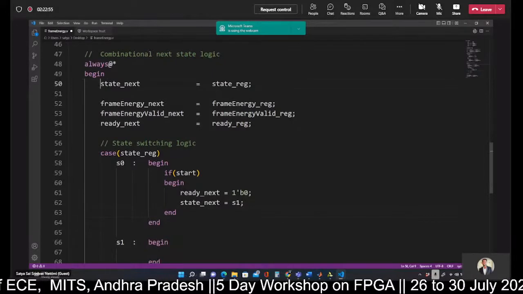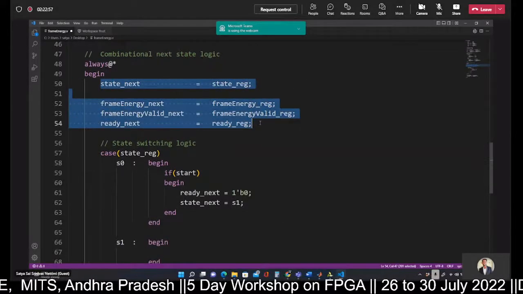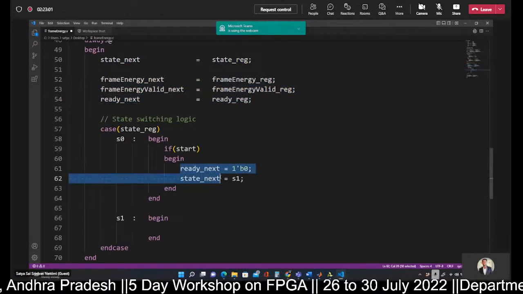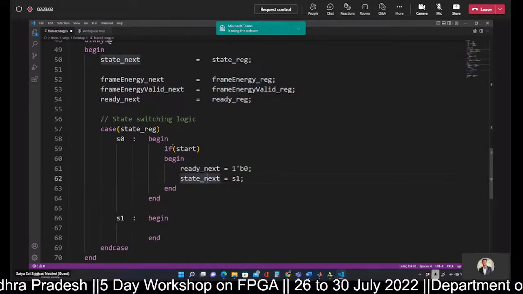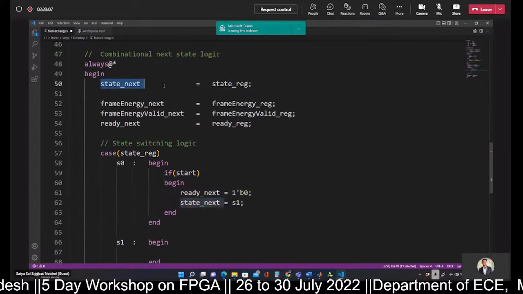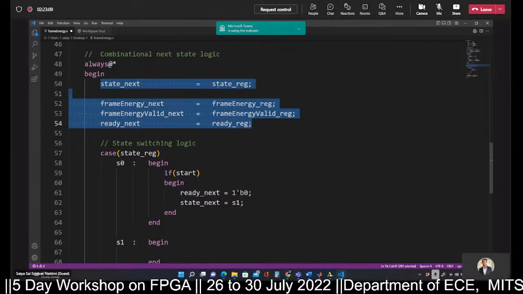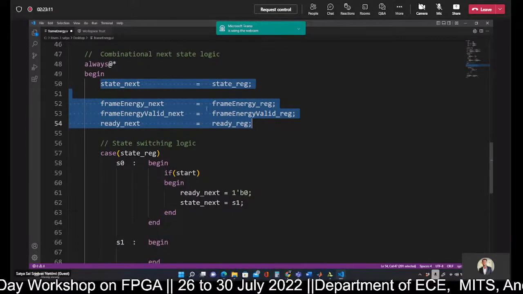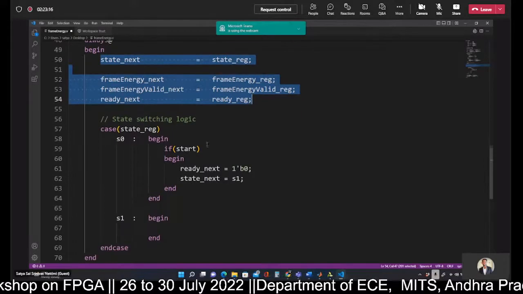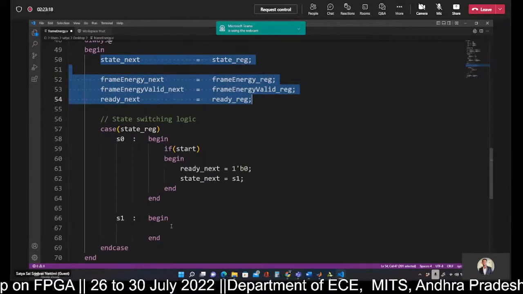So it is always safe to write these default conditions at the top, and in the switching activity you deal with the specific transitions. If any condition is not valid, these will be the default conditions. So the controller will operate on the basis of these instructions. So this is the case.